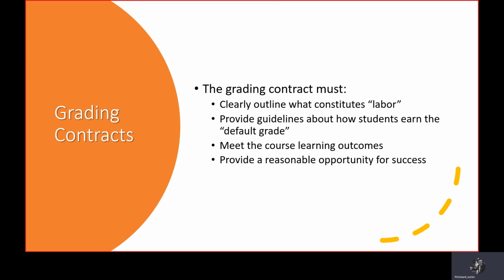Asao Inoue, who is the father of labor-based grading in many ways, talks about motivation, and specifically he gives the example of when you go to take a ceramics class, or if you take a yoga class, or if you enroll in an exercise class, right?